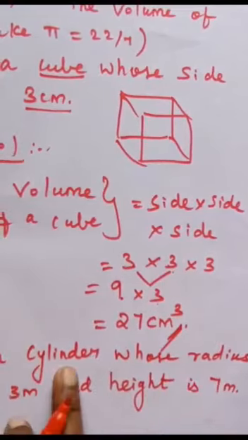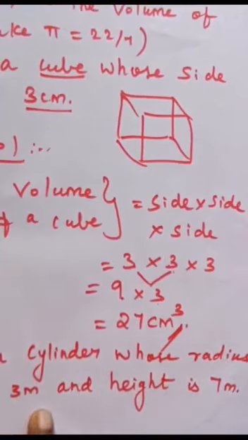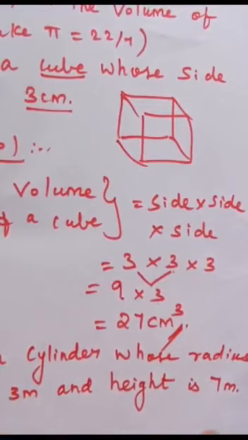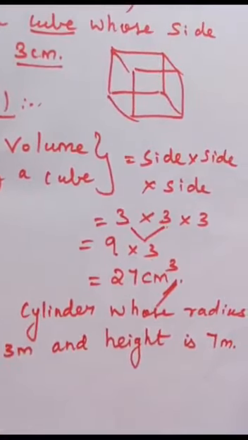Clear? A cylinder whose radius is 3 meter and its height is how much? 7 meter. And for this sum also, we are supposed to do what?